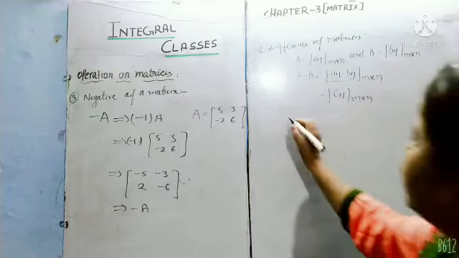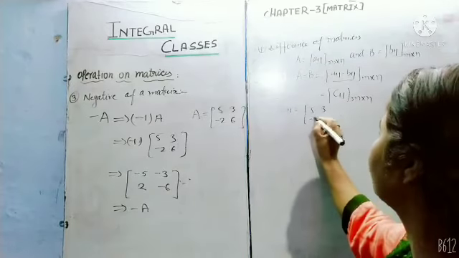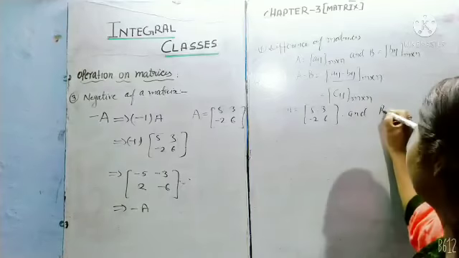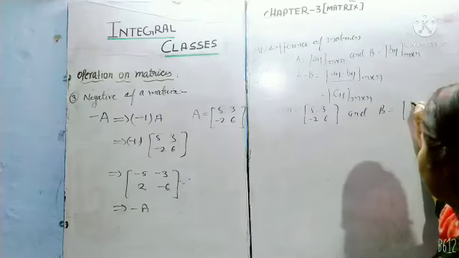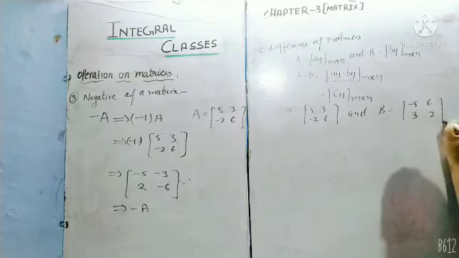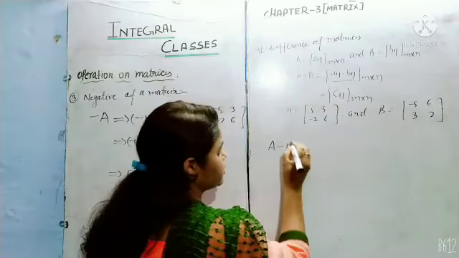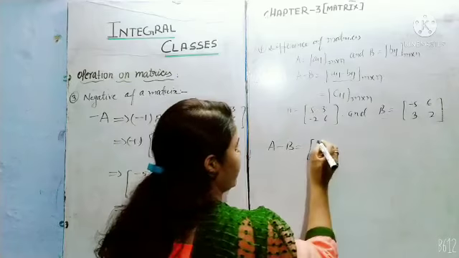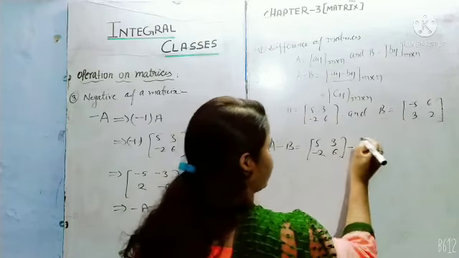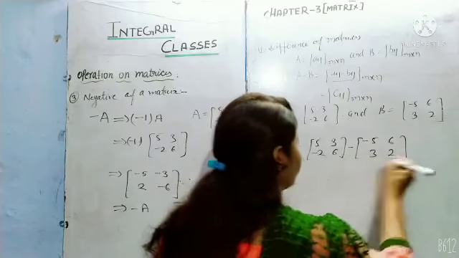Let's suppose A equals the matrix 5, 3, -2, 6 and B equals -5, 6, 3, 2.